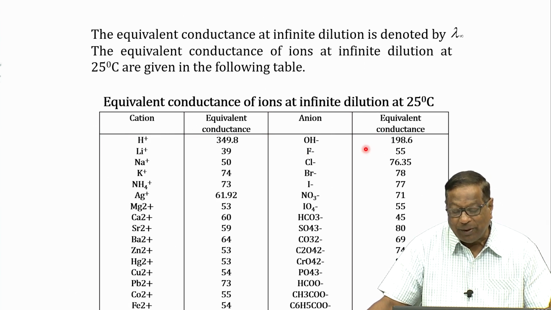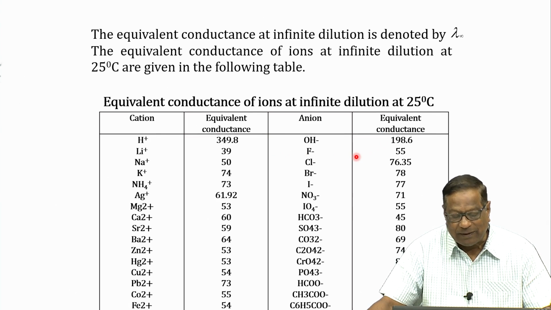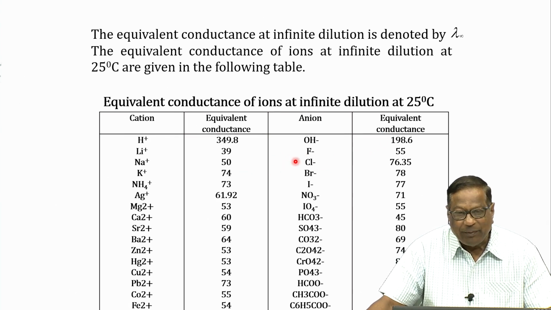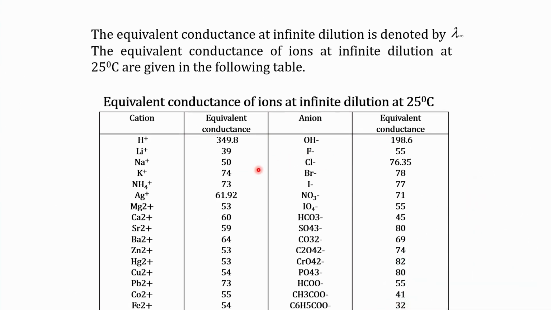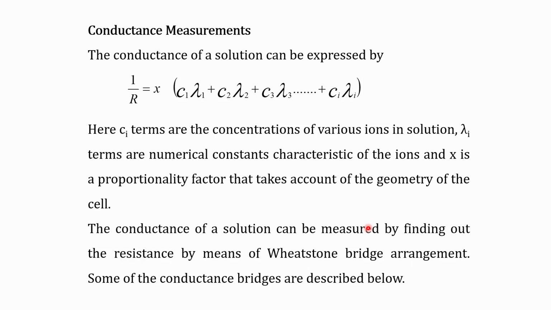Equivalent conductance will be approximately half of that, maybe slightly less than half, but all other things are within plus or minus 1 unit. Okay, that is 39, sodium is 50, calcium is 60, barium is 64, CO3 is 69, all within that range, less than 100. Very few are there above 100 except hydrogen and hydroxyl ions.